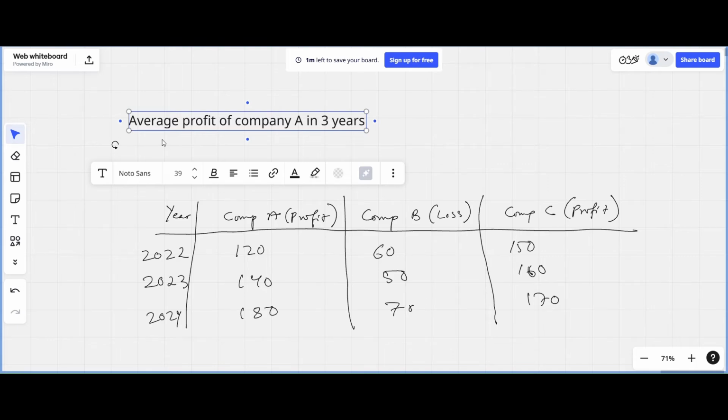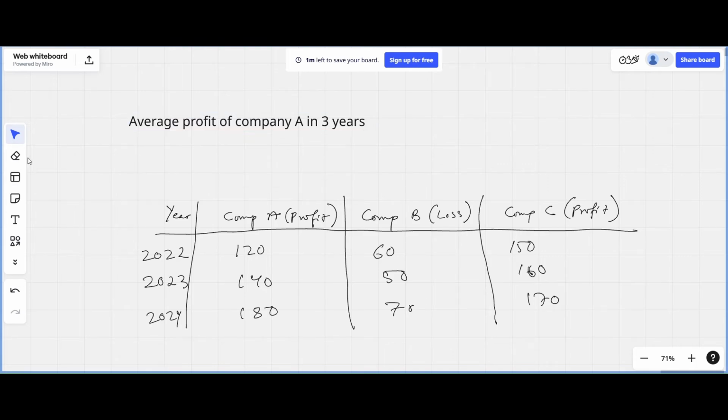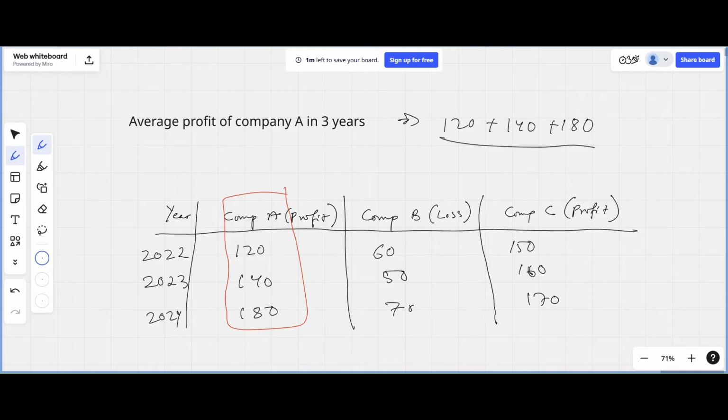So how will you do this? We are focusing only on company A, so just look only at this one. You will add only this: 120 plus 140 plus 180, divided by 3 years.